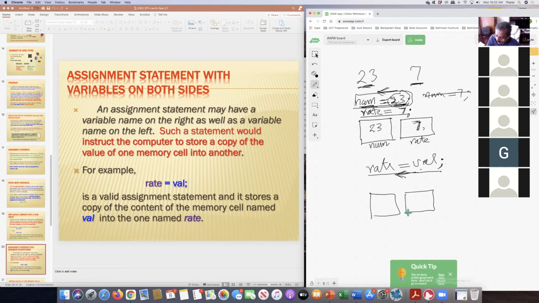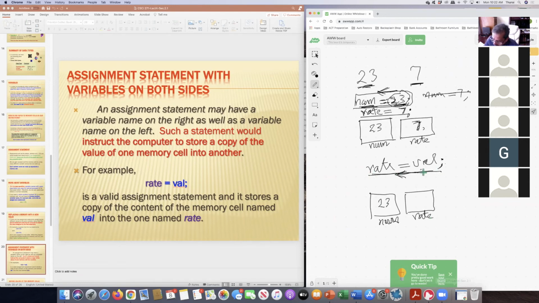Do we still have 23 in num? Yes, it didn't change num. So 23 will still be there. What do we have in rate? Val. Would it be 23? It'll be 23.